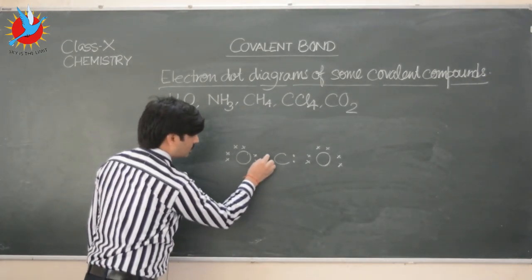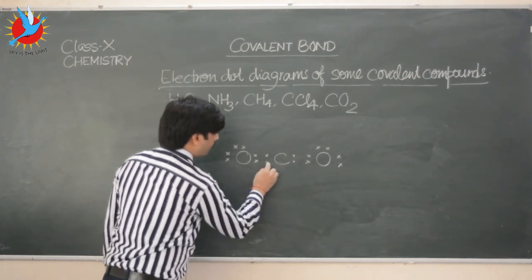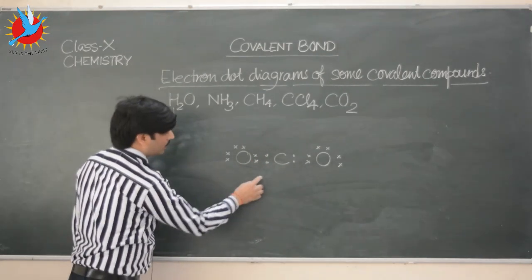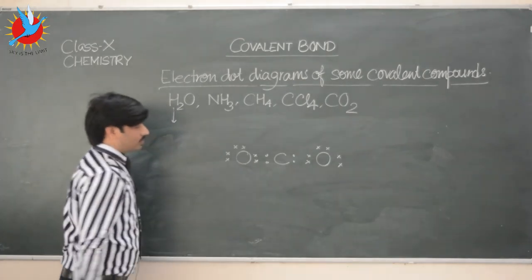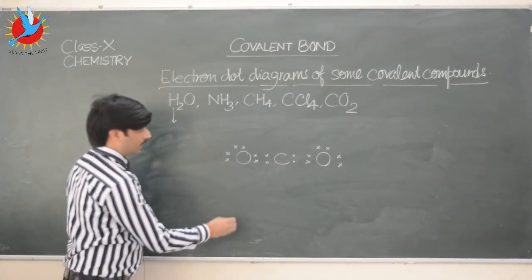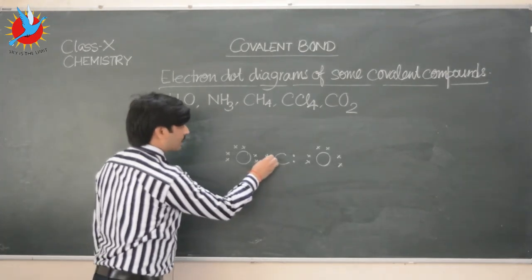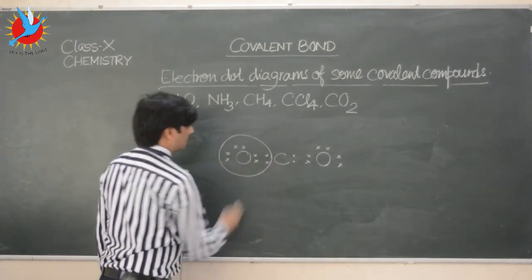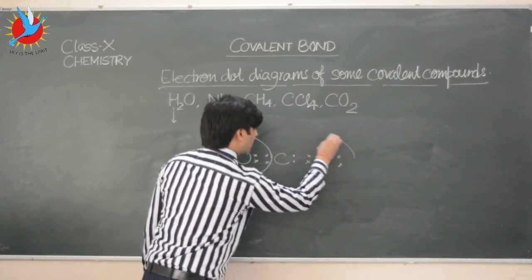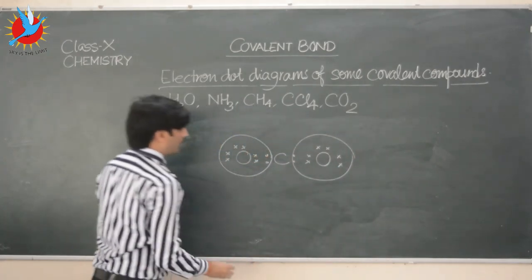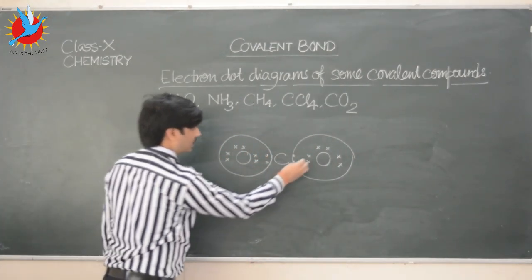So 2 electrons of carbon are going to be shared with 2 electrons of oxygen atom. In other words, 2 electron pairs are shared between 2 atoms. That's why double covalent bond is formed between carbon and oxygen.